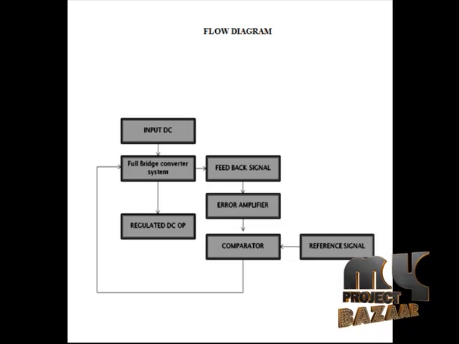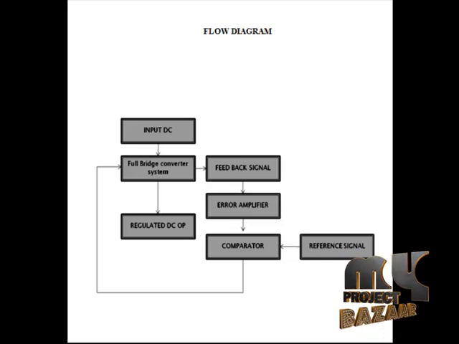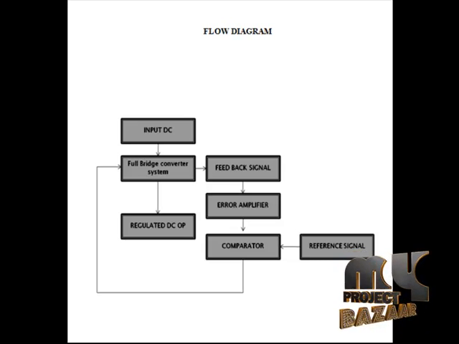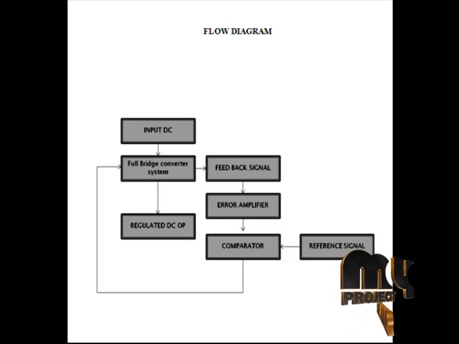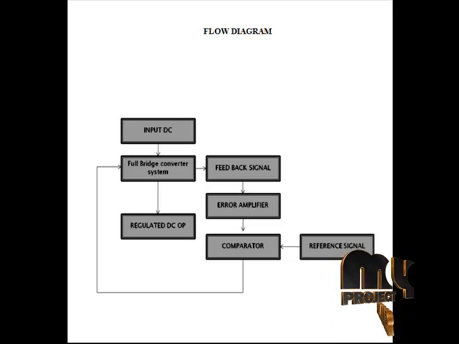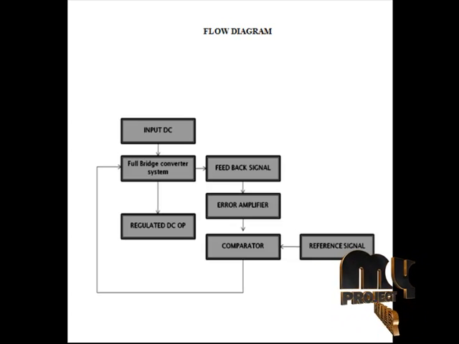In the first stage of our flow, we give the irregular or unregulated DC input to our full bridge converter circuit, which is designed using CMOS. To give the controlling signals to each and every switch in the CMOS circuitry of the full bridge converter, we provide a feedback signal to our control circuit, which is also made using CMOS technology.